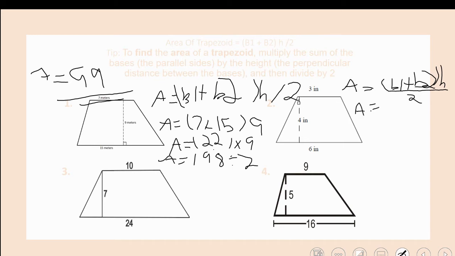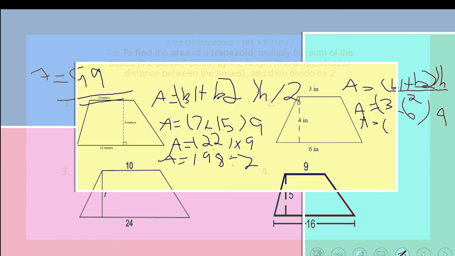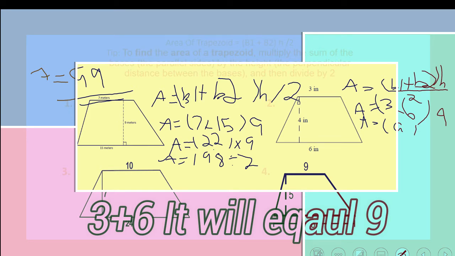Now the base 1 is 3, and the base 2 is 6, and the height, which is the perpendicular distance between the bases, is 4. So now we're going to add 3 plus 6, which will equal 9, and we're going to multiply it by 4.